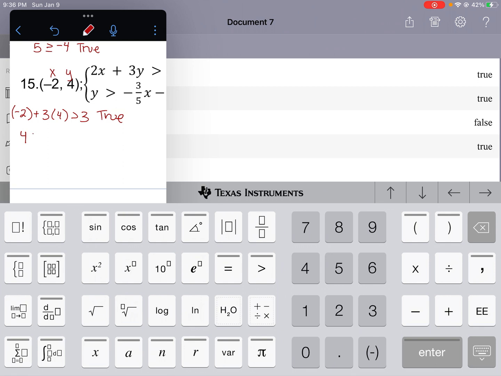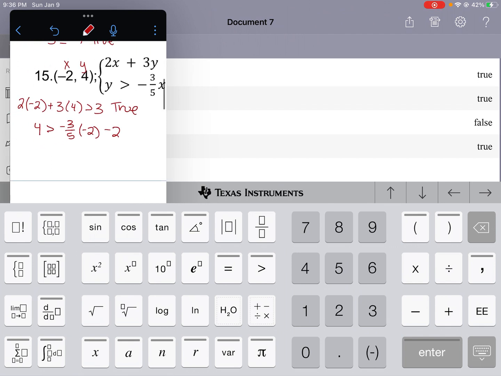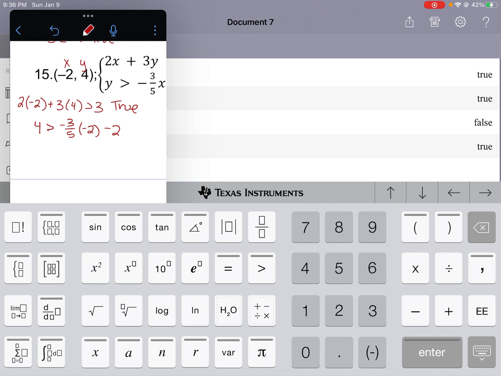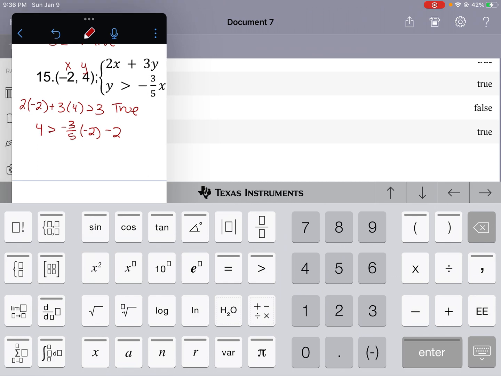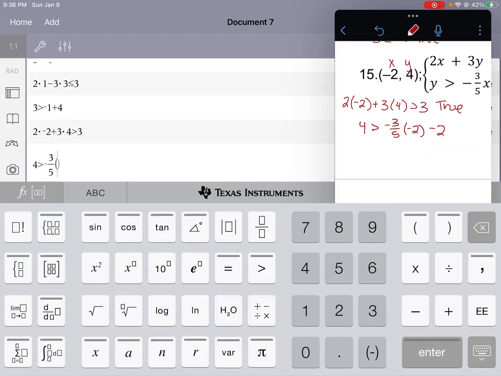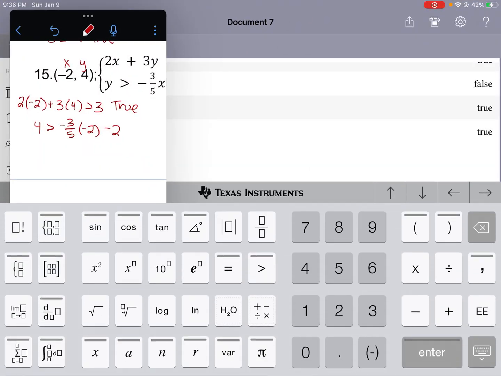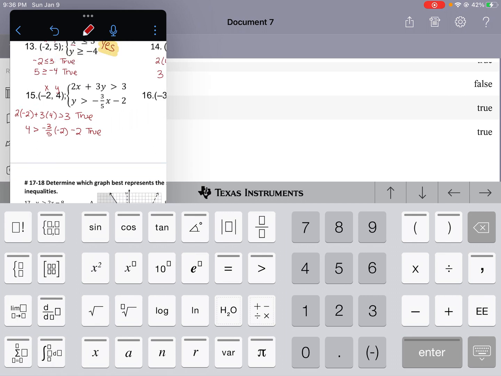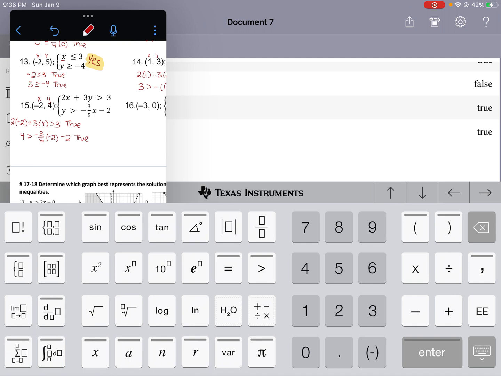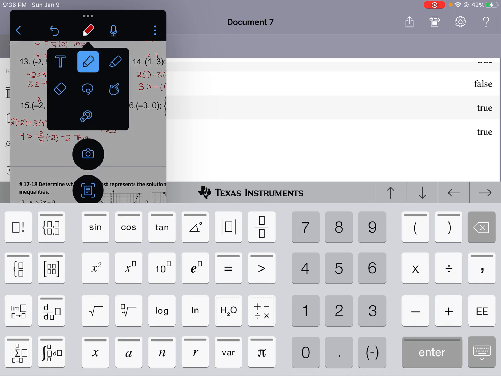I have 4 is greater than negative 3/5 times negative 2 minus 2. Okay, got everything typed in right. That says that it's true, which means yes, this is a solution.